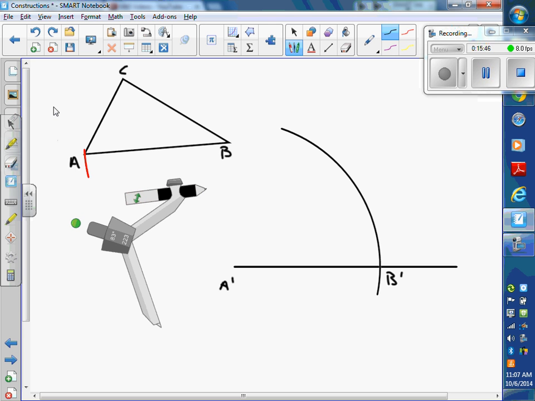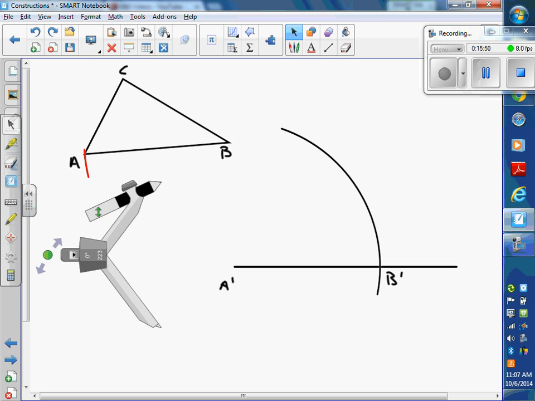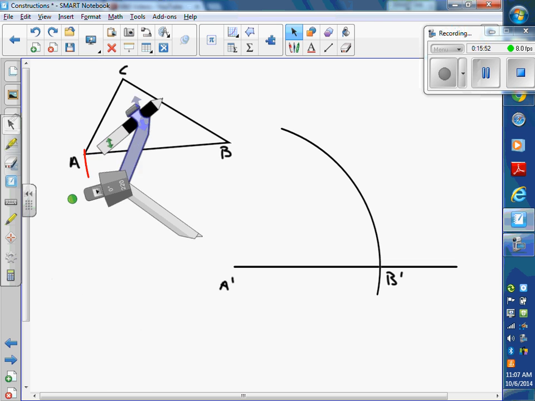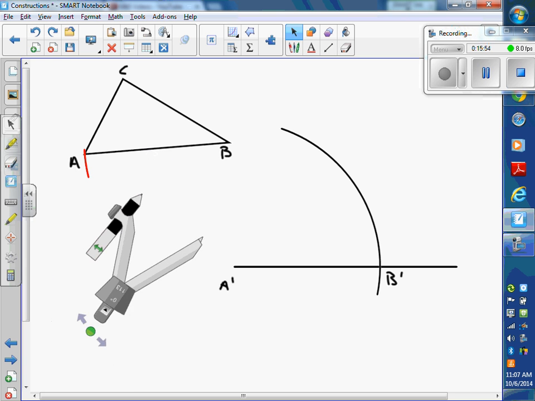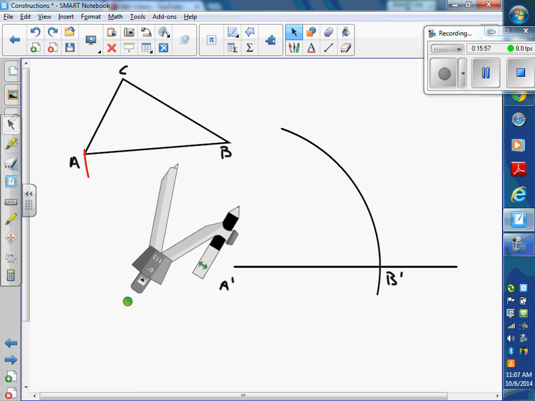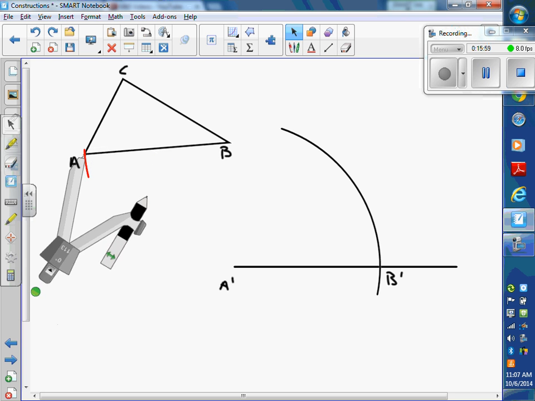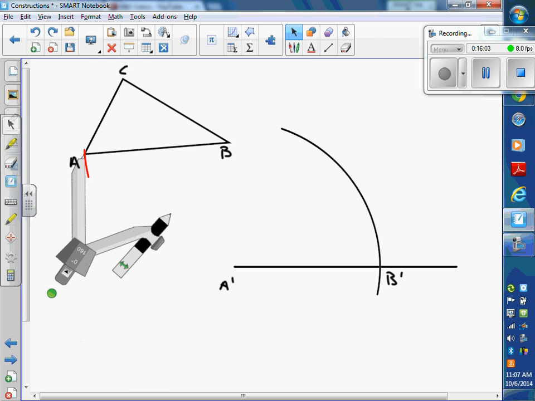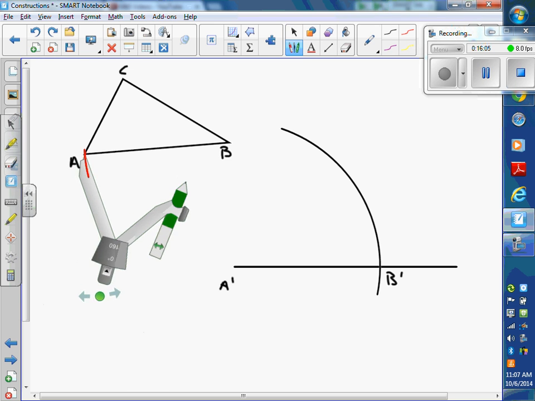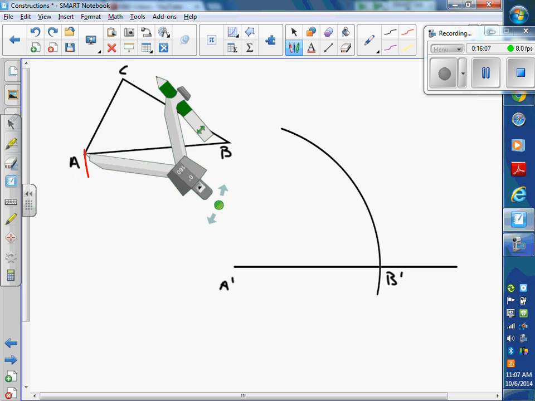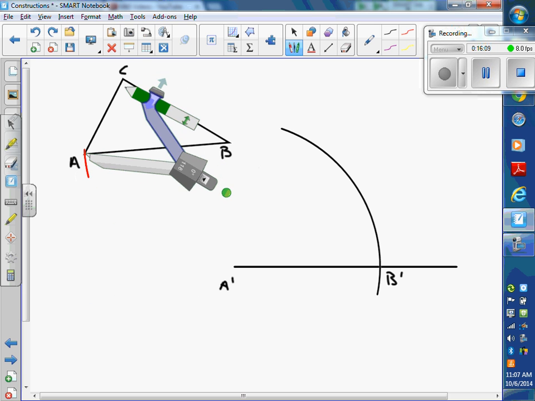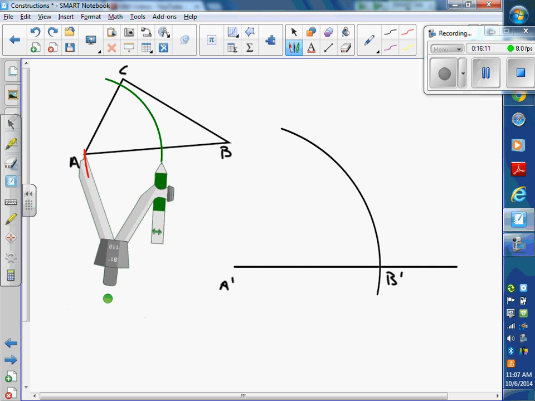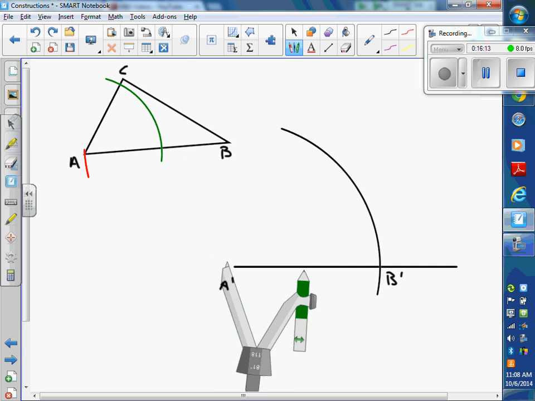To get C, I need to copy the angle. So I'm going to put my compass on A, make an arc, and put my compass on A prime and make the same size arc.